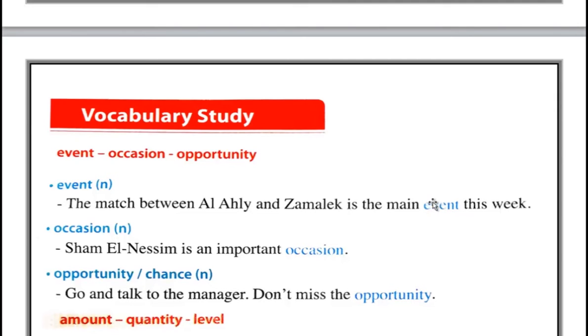So that is an important event. As for occasion, it is a time when something special happens. Sham Nisim is an important occasion. Mother's Day is an important occasion.